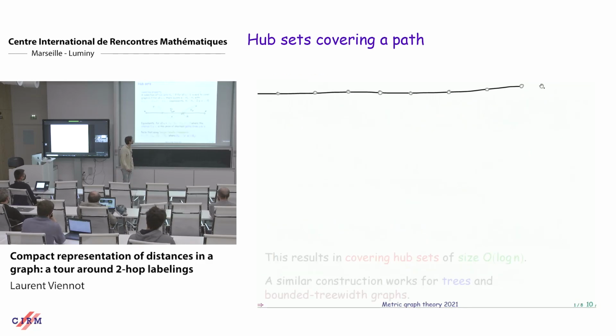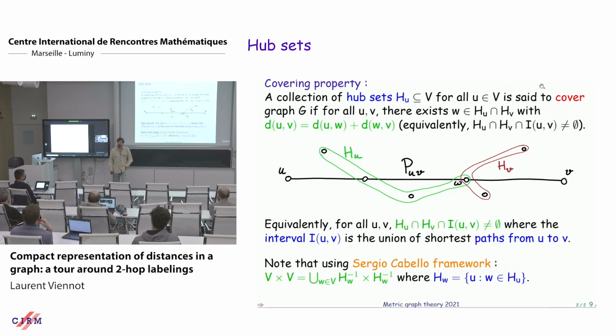And if you think of Sergio Cabello's framework, you can note that V cross product V is covered by the inverse of upsets. What I call the inverse of an upset, the inverse of H_W, is the set of nodes that have W as a hub. So there is a connection, and note that the union here is not disjoint.